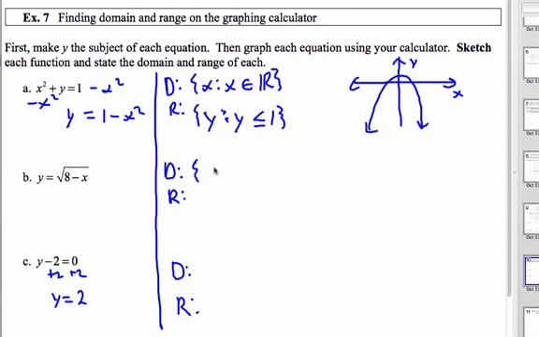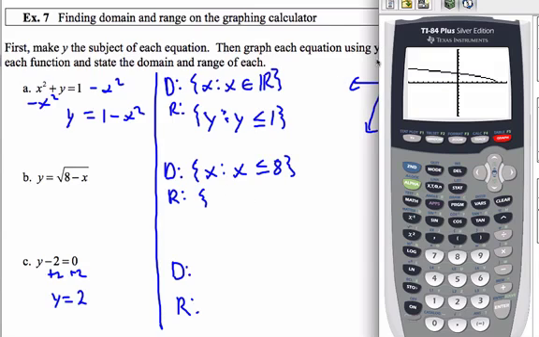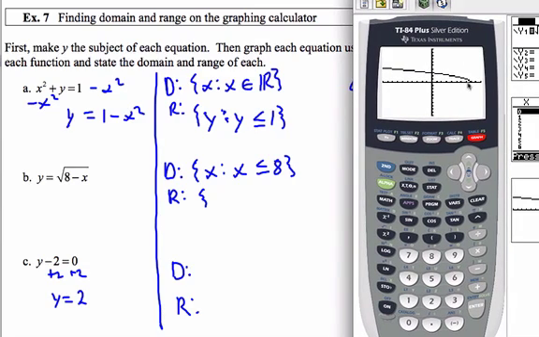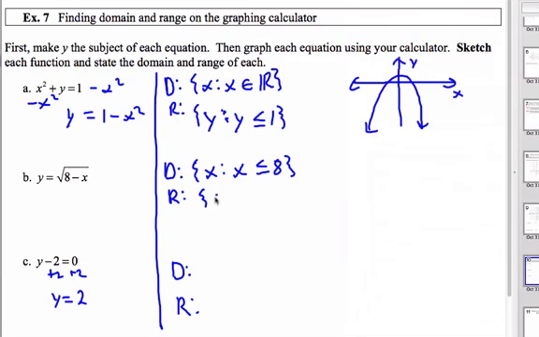Okay, so x such that x is less than or equal to 8 is the domain. And for the range, well, we can see that the smallest y value is 0, and then y can be anything above 0, so we're going to say y such that y is greater than or equal to 0.